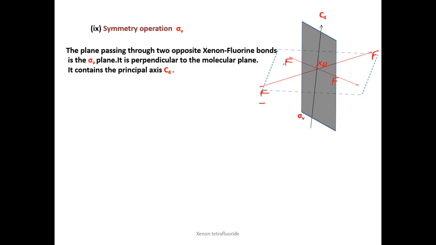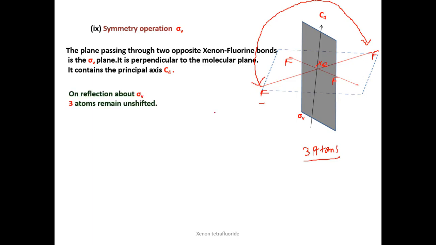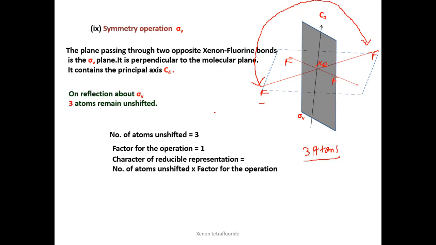During reflection, whatever atoms are present in the plane, the 2 fluorine atoms and 1 xenon atom, will not get shifted, and so those 3 atoms will not get shifted, whereas the other 2 fluorine atoms will get interchanged. So the number of unshifted atoms is 3. For whatever items are present in the plane, the factor for the operation is 1, and so the character is the number of unshifted atoms into the factor. It will be 3 into 1 equal to 3.